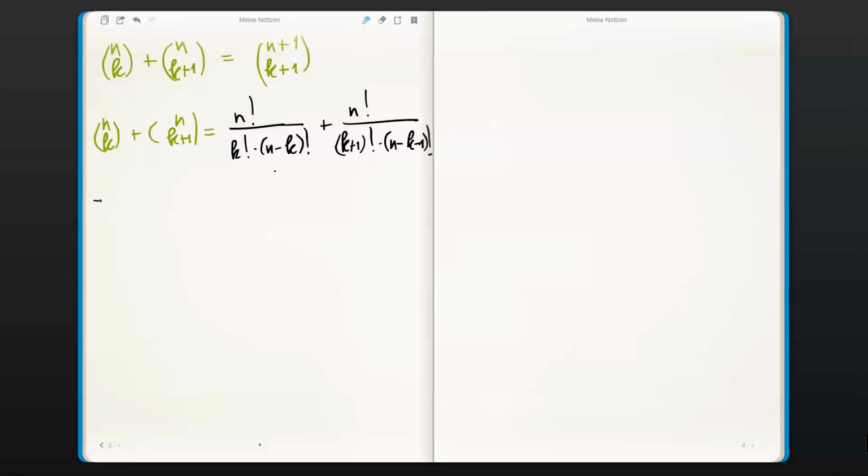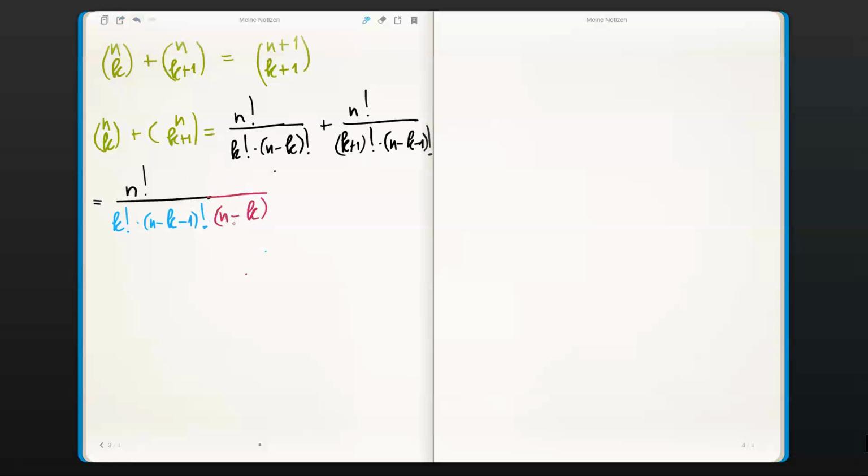So now let's rewrite it slightly differently. We just keep k factorial, and n minus k factorial we're just writing as n minus k minus 1 factorial, and now we're multiplying it times n minus k. Sorry, my bad, I still have n minus k. Was trying to skip a step.